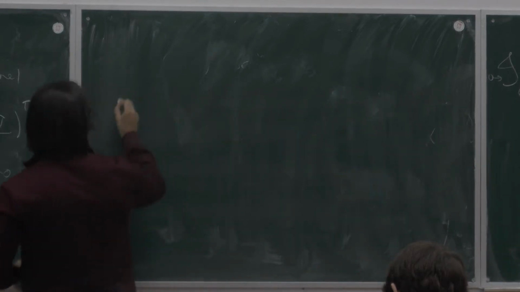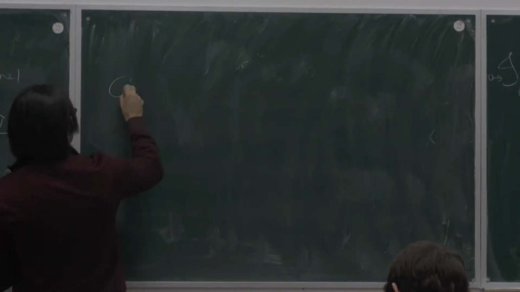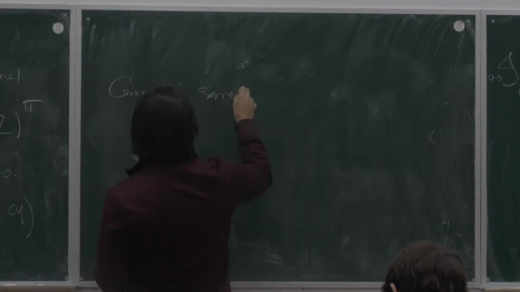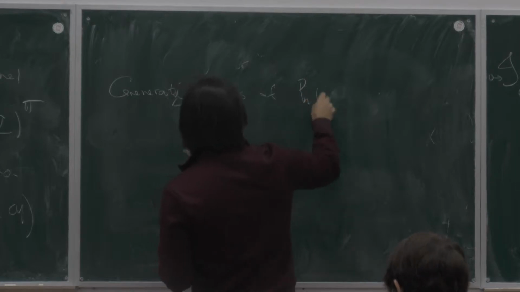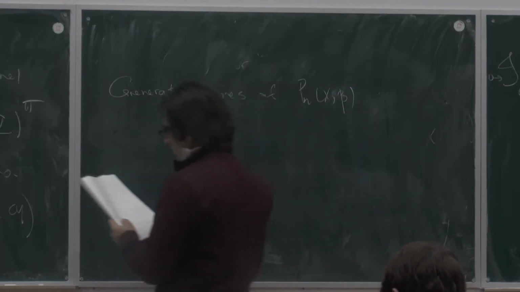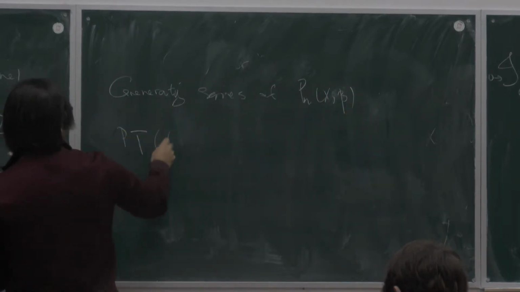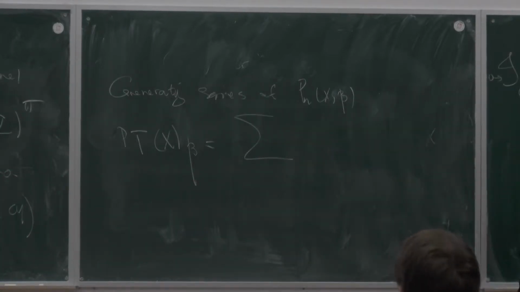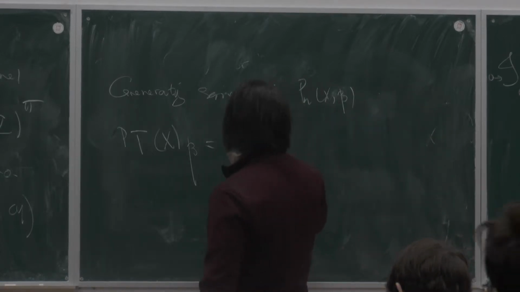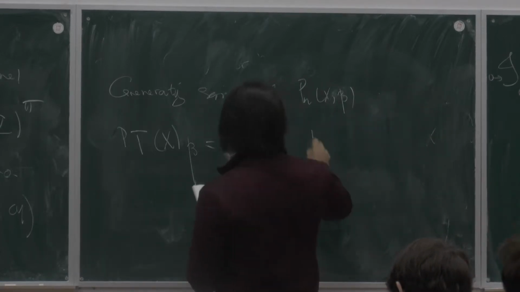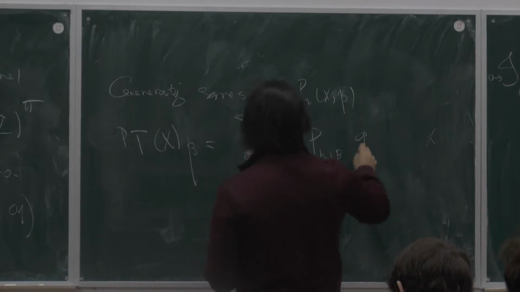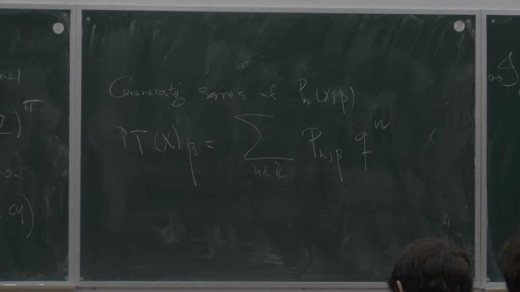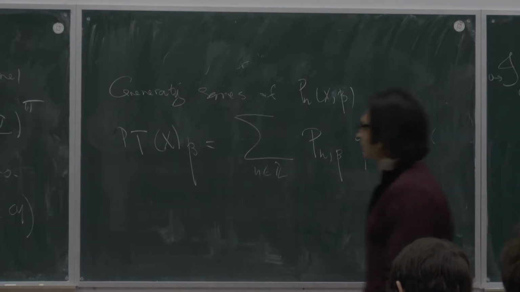Okay, so now the generating series of these invariants that you're interested in is this way. We can fix the curve class and sum over Euler characteristic. So we are fixing the curve class, and there is some parameter q that keeps track of the Euler characteristic of the sheaf.